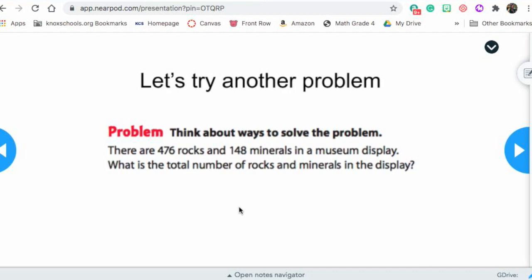So I just wanted to walk you through how to use your Nearpod, how to use some of those tools, and you are going to do a Nearpod today as your lesson. You do not get graded necessarily for whether you're right and wrong when you're working through the first problem, but when you get to the apply page, that is where you are going to get graded. So you want to make sure that you're paying attention and that you're learning along the way.